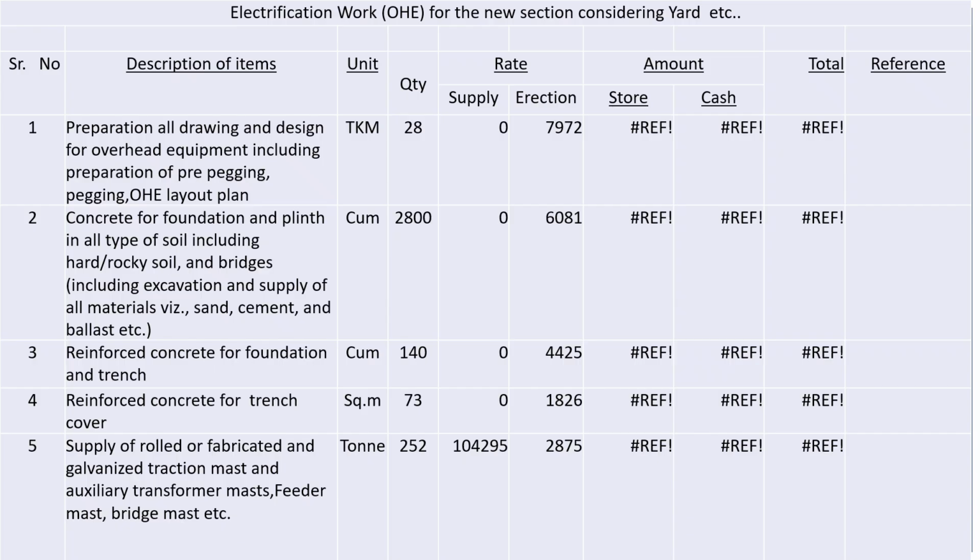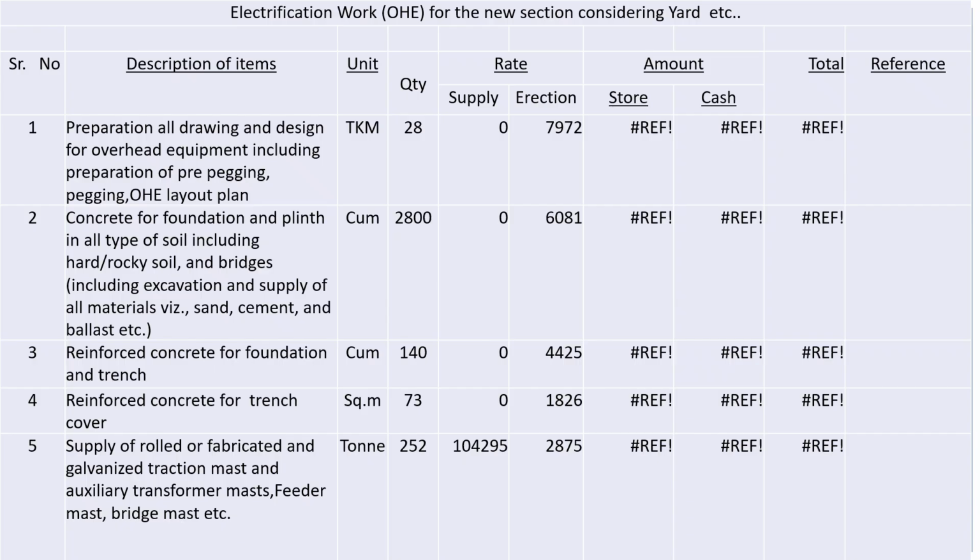For example, suppose you have surveyed one site. There you see the length of the railway electrification, how much. Is it straight, horizontal, tangent track, or curvature? If it is curvature, how much curve?